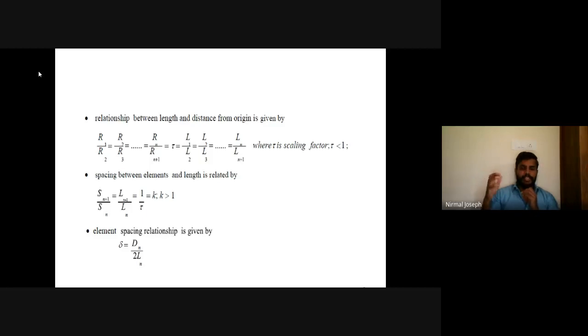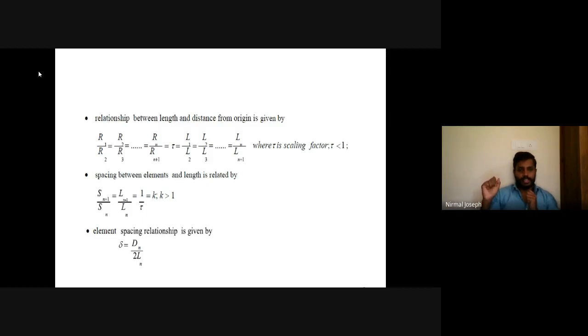Then the distance from the origin of individual elements should also increase with respect to tau, and the spacing between the elements should also increase with respect to tau, where tau is the scaling factor. If we consider all these factors, we can construct a good log periodic antenna array.